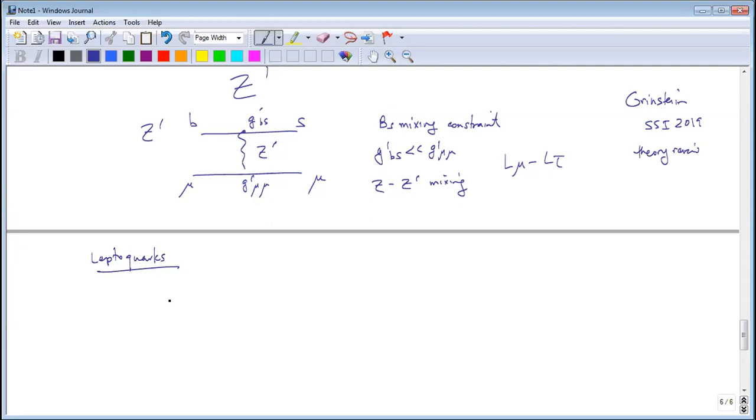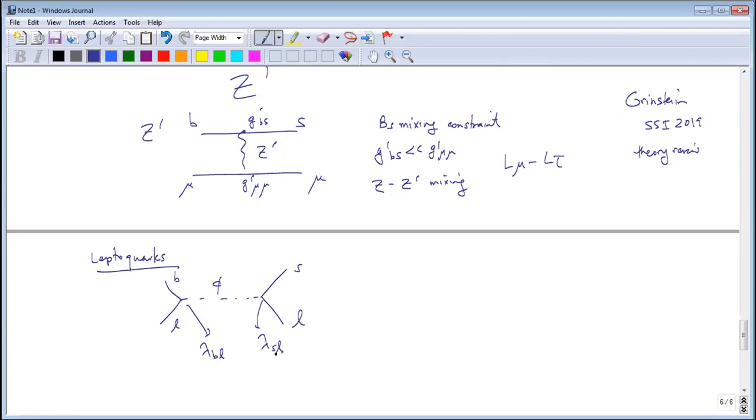Leptoquarks are objects that can have couplings between quarks and leptons directly. So for example, let's suppose we have b and l, and there's some phi in the middle. Then we have an s and l over here. There might be some coupling lambda bl, and over here a lambda sl.